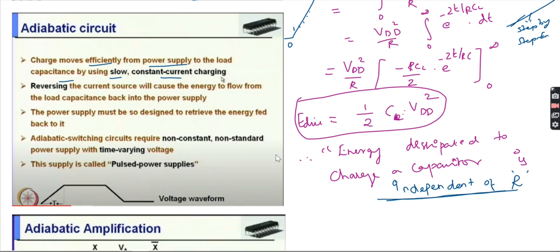We have to use that source. Next, reversing the current source will cause the energy to flow from the load capacitance back into the power supply. So that power supply must be designed.